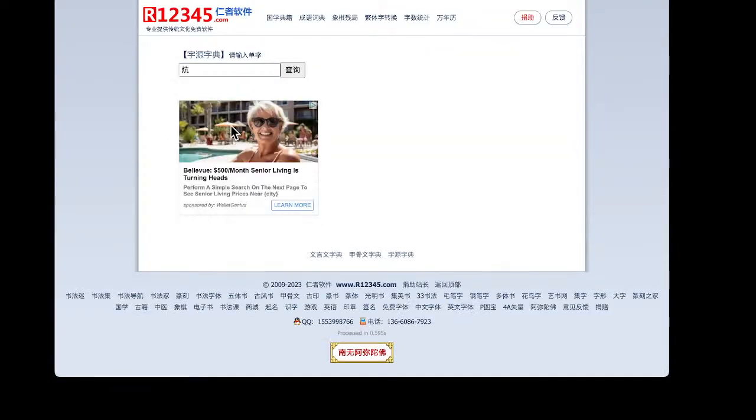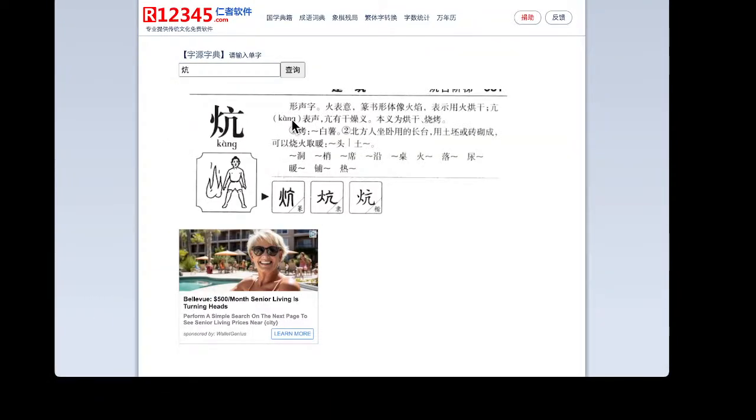Let's take a look at this character itself. So this one, obviously the fire radical, and then on the right hand side is the character called kan. It's pronounced kan, obviously it's for sound, but this kan has the meaning of dryness and excitement.